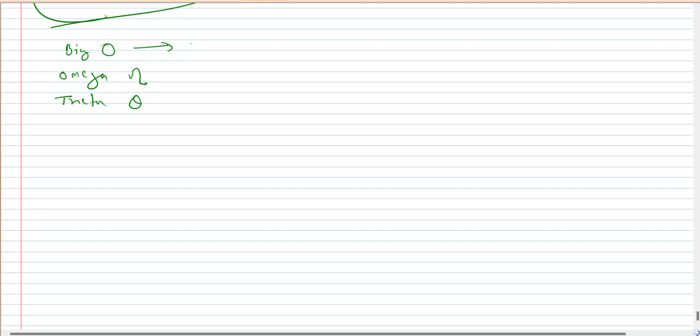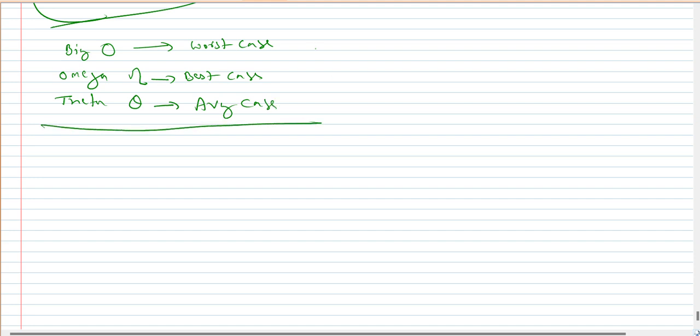This gives us worst case complexity, worst case performance, best case performance, and average case performance.